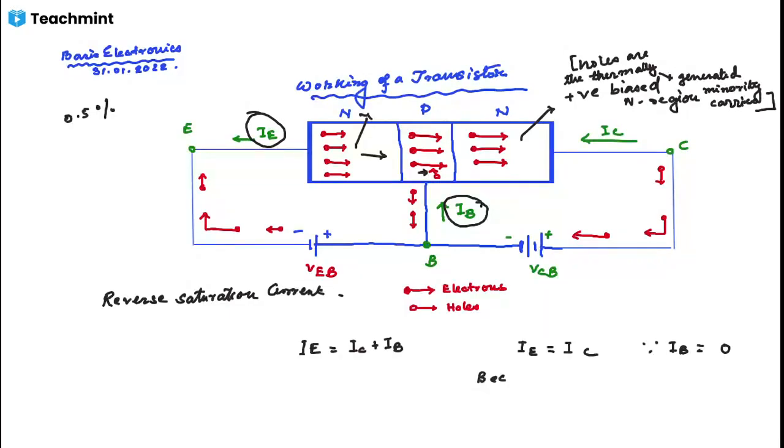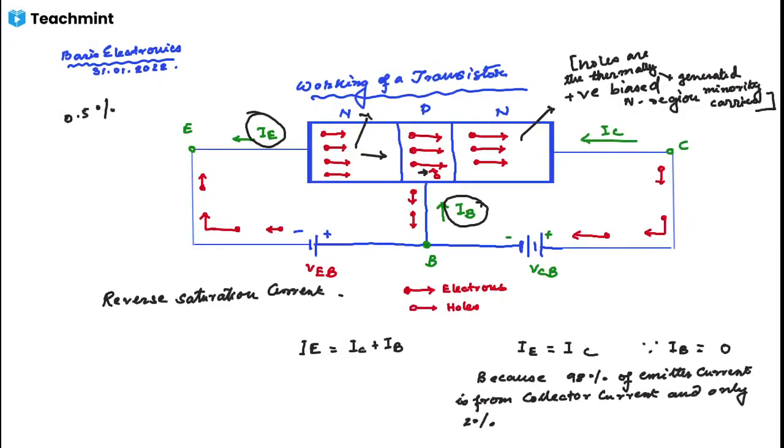Because 98% of the emitter current is from the collector, and only 2% of the emitter current is from the base.